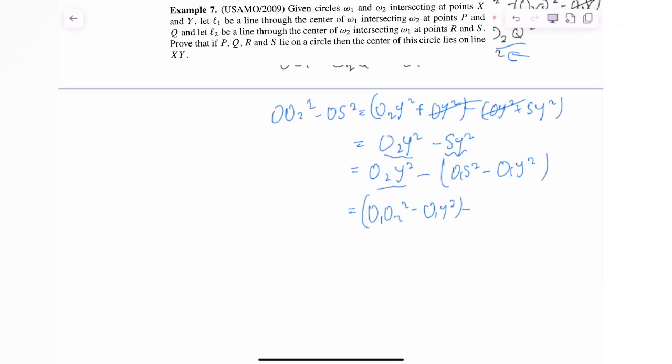Then you minus O1S squared plus O1Y squared. This one cancels. You get O1O2 squared minus O1S squared. Now you rearrange, you get O2 squared plus O1S squared equals O1O2 squared plus OS squared.